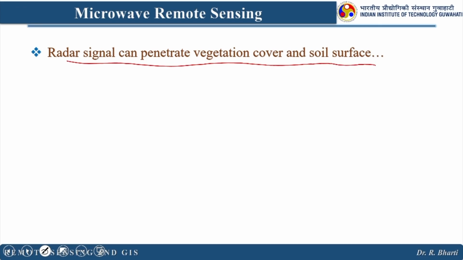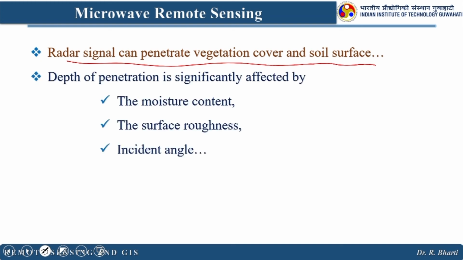Because the wavelength is long. Now, the next is that the depth of penetration is significantly affected here, because we are saying it can penetrate, but how far? That is defined by the moisture content of your surface, the roughness and the incident angle.